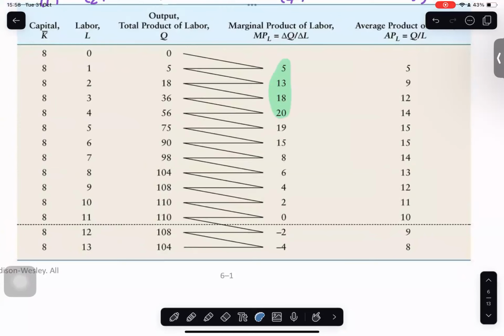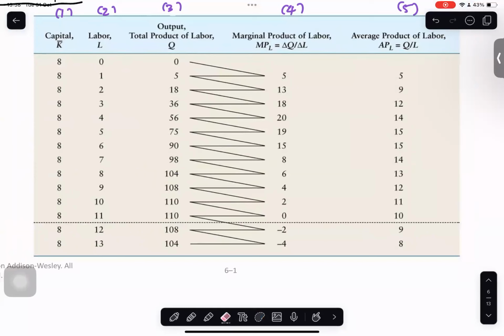Let's say now we use 3 workers. With 3 workers and 8 machines, we get 36. 36 divided by 3, on average each worker generates 12 pieces.